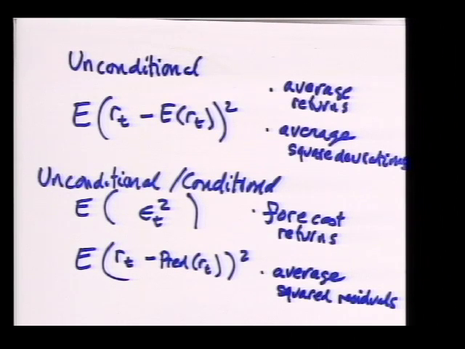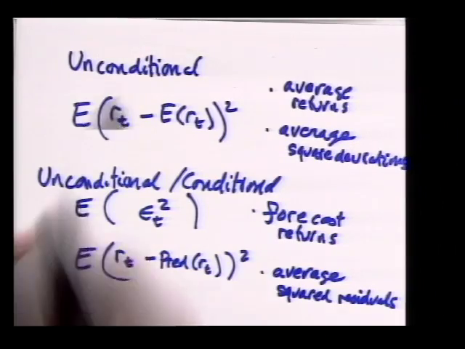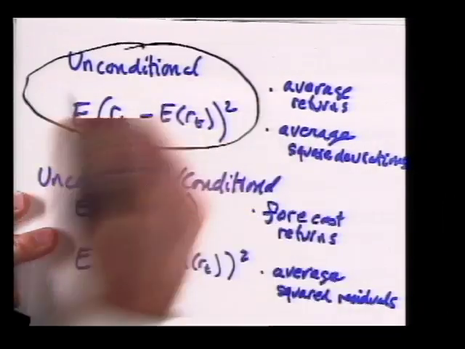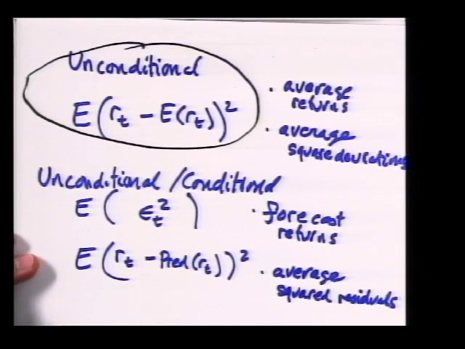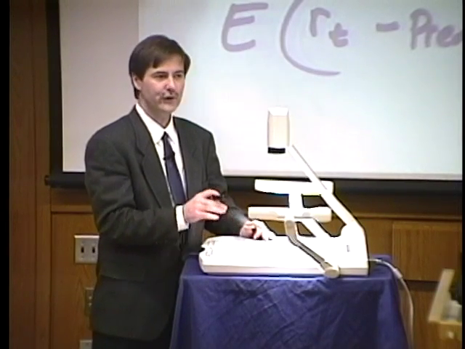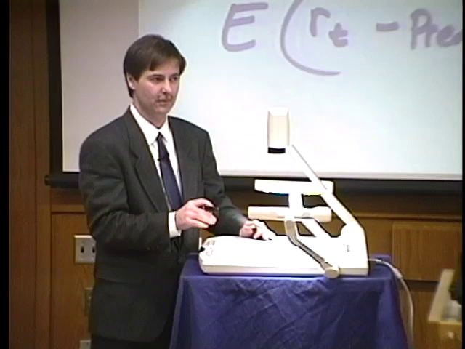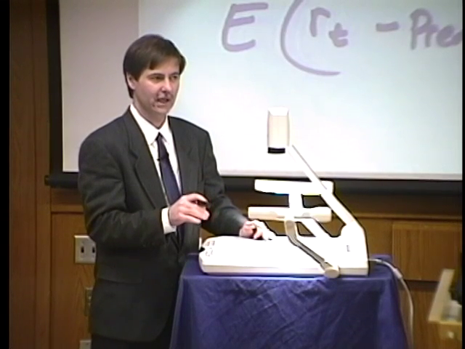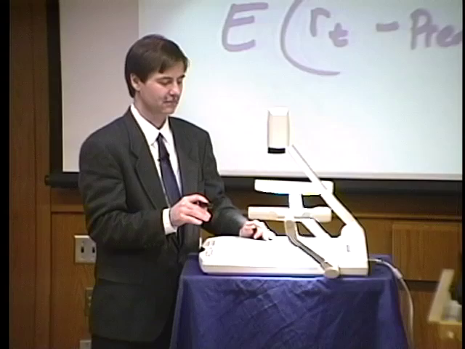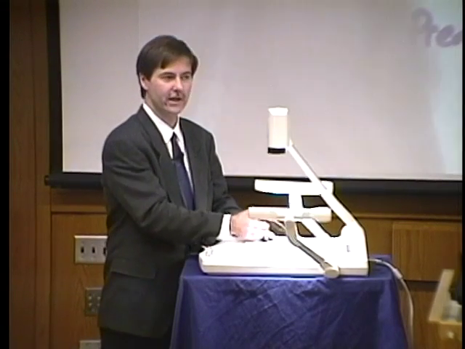I've got at least one of the color here. You don't want to do this. It uses no information whatsoever. If you don't have all the machinery available to do volatility forecasting, you don't want to use the unconditional.